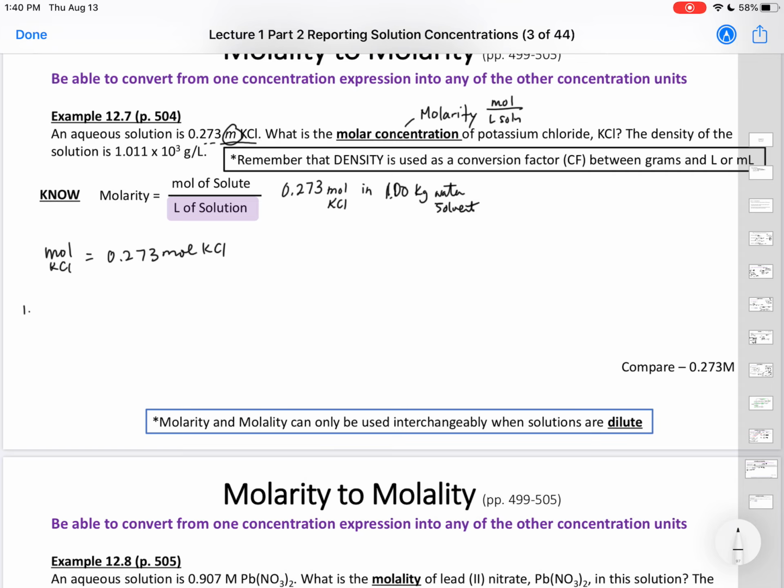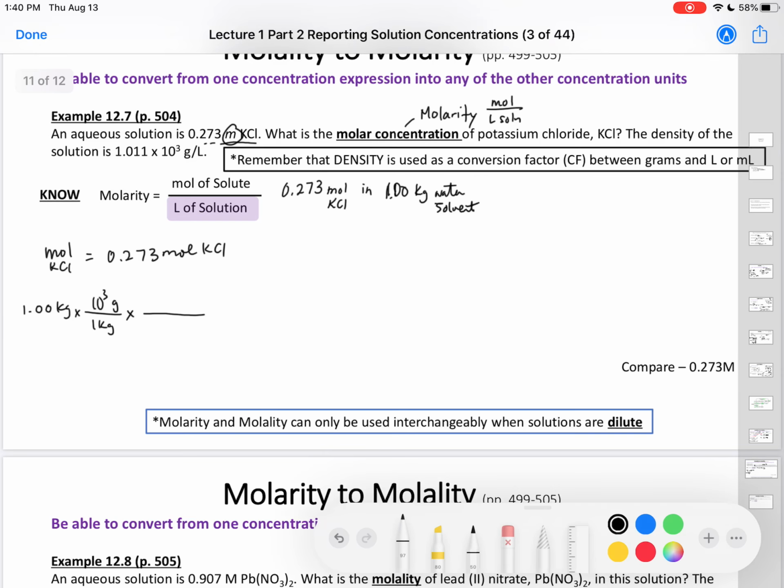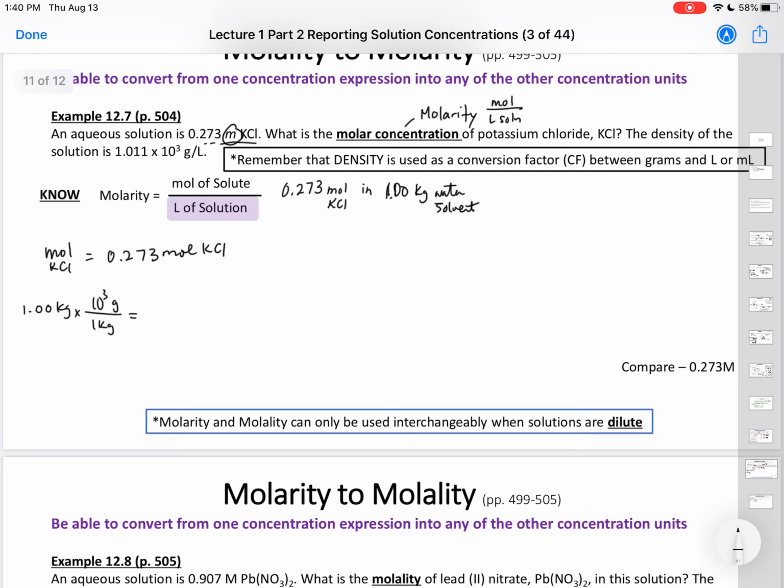Okay, so we have our 1.00 kilograms of water. We're going to convert from 1 kilogram to 10 to the third, or 1,000 grams. And that will get us the grams of the water, which is 1,000 grams of water. Okay. We would also like to know the mass of the KCl, so really it's 0.273 moles of KCl times the molar mass of KCl, which is 74.6.